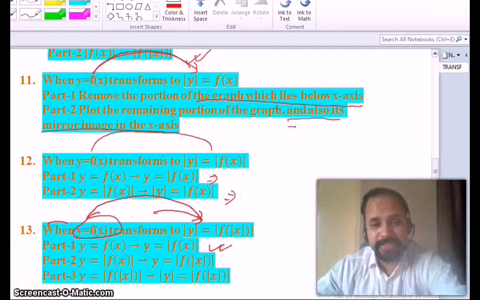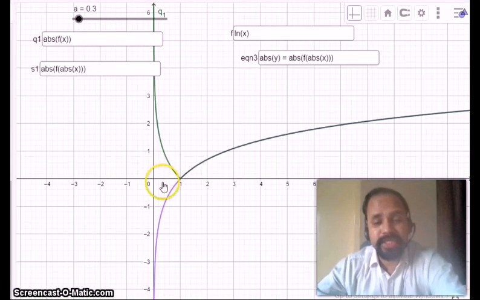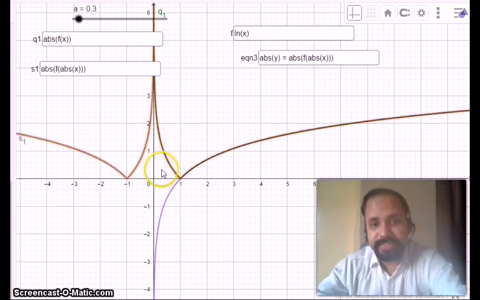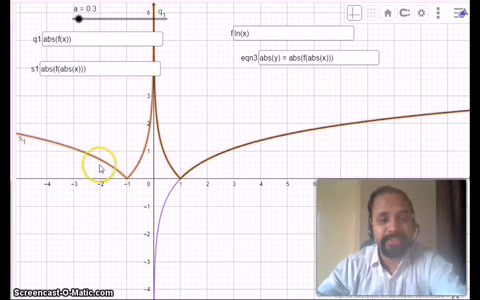In the second step we have to draw the graph of mod of f of mod x. What we have to do in this one? Simply, we consider the y-axis as a plane mirror and draw the image of the part that is on the right side of the y-axis with respect to the y-axis.